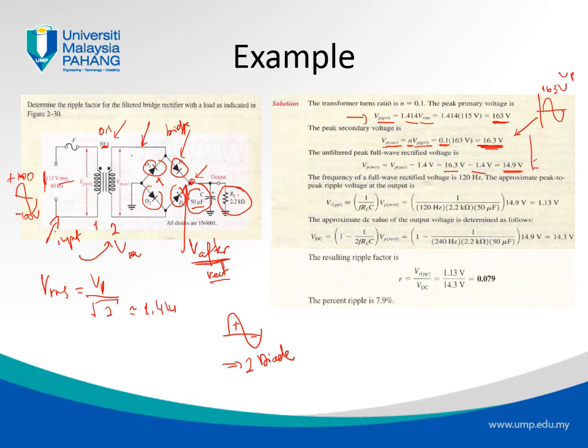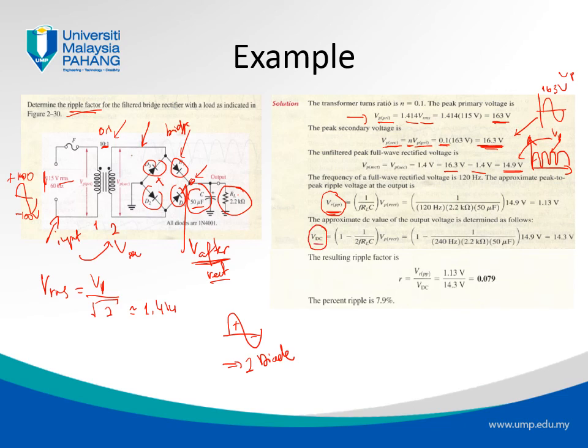The peak voltage of 14.9 volts is, of course, an unfiltered voltage. So it is something like that, with V peak equal to 14.9 volts. And the question asks at the end for the ripple factor, R. In order to calculate the ripple factor, we first need the peak to peak voltage of the ripple, and then the average DC voltage.